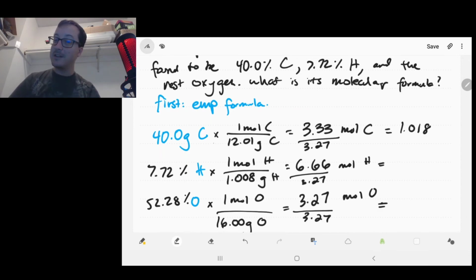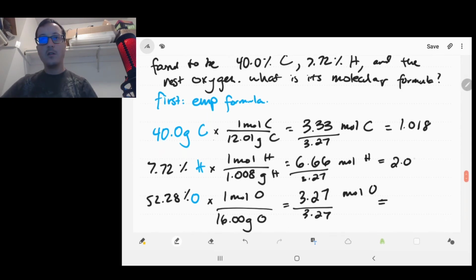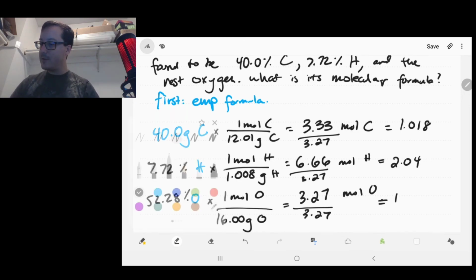That is within 0.05, so we're allowed to round that. If we do the 6.66 instead, we get 2.04. Again, within 0.05, we're okay here. And then there was just going to be 1. So these are close enough to be rounded.